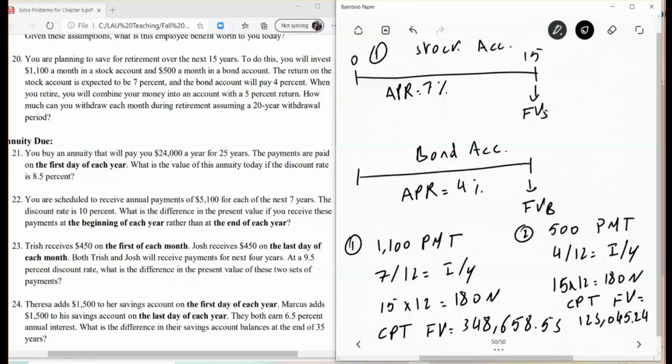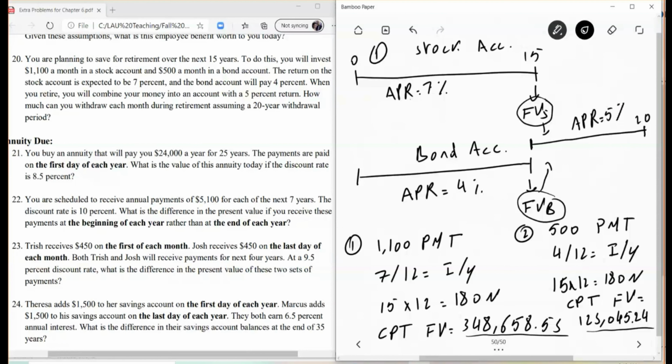So now after 15 years, I will have in the first account this sum of money, $348,000. In the second account, I will have this sum of money. Now I will add the two accounts together and invest at an APR of 5% compounded monthly over the 20-year period.